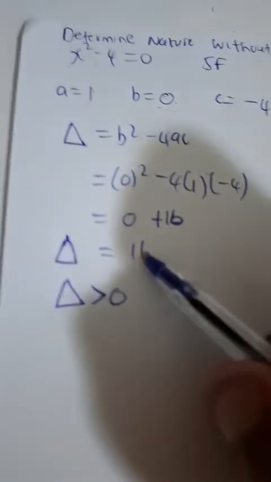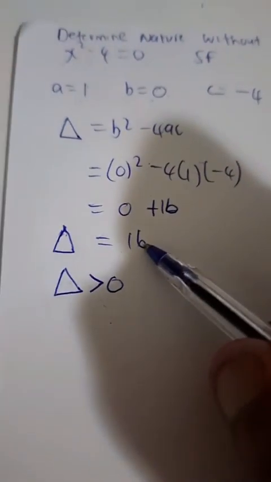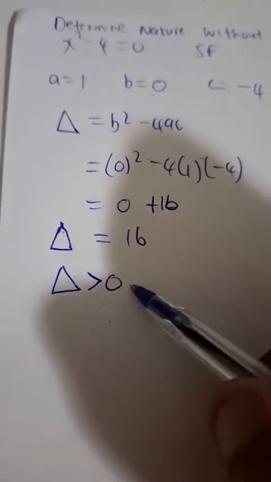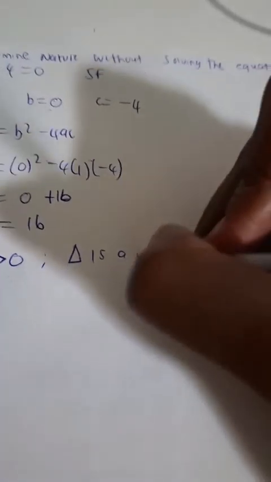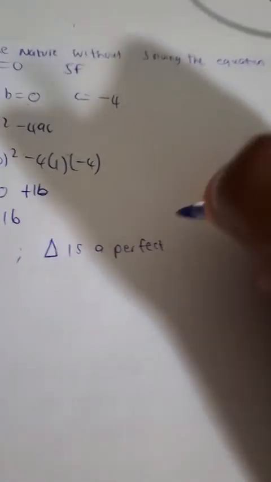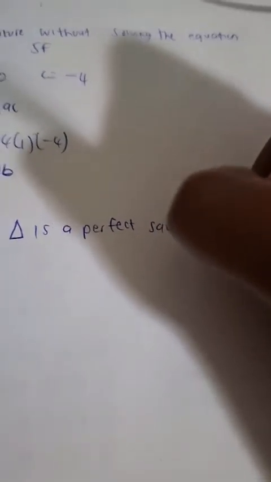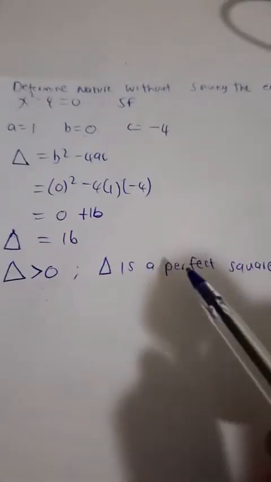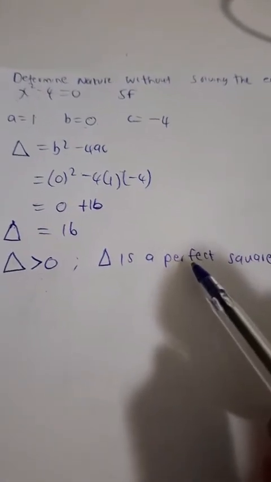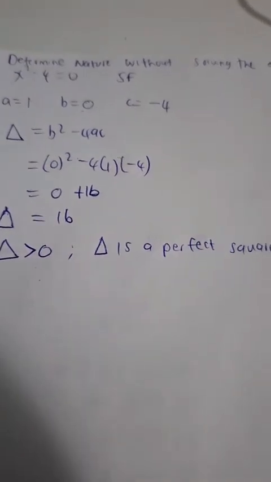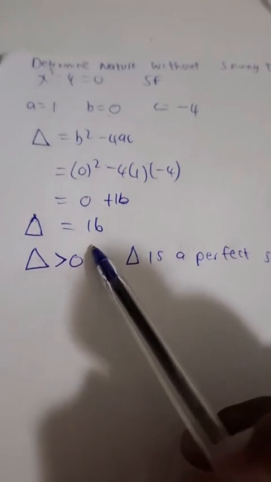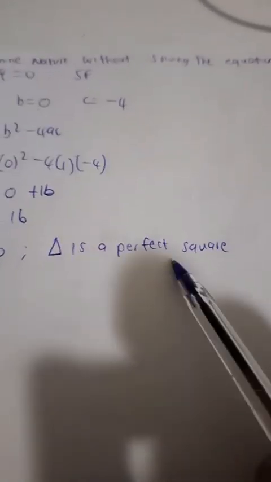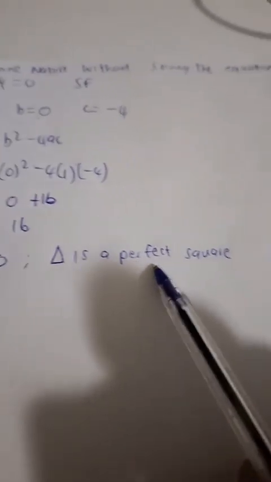Obviously this value is greater than 0. That's the first thing. Additionally, delta is a perfect square number. Also, which is very important, delta is a perfect square.